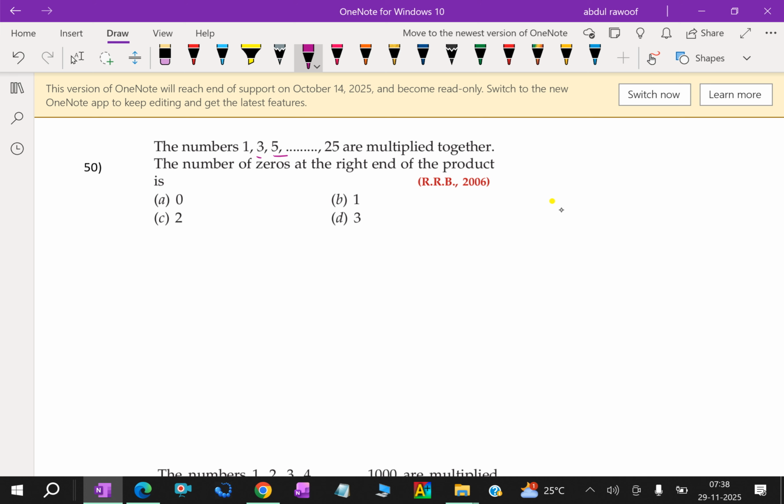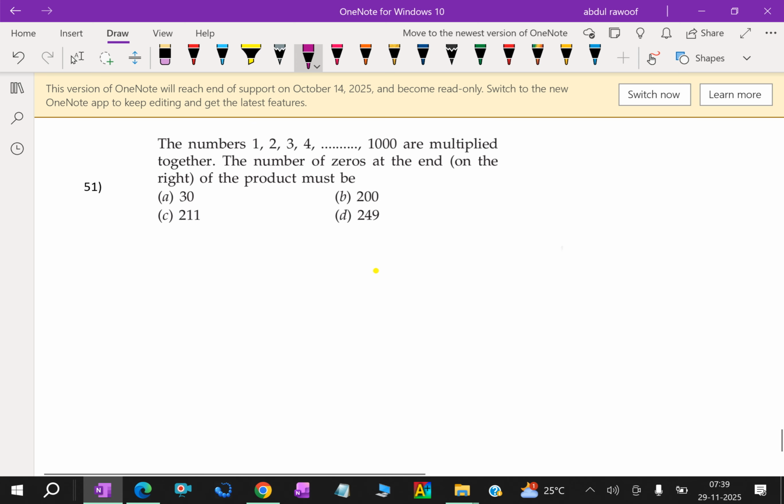So the product does not give 0 at the unit digit. That is, there is no 0 in the unit digits. So the answer is 0.